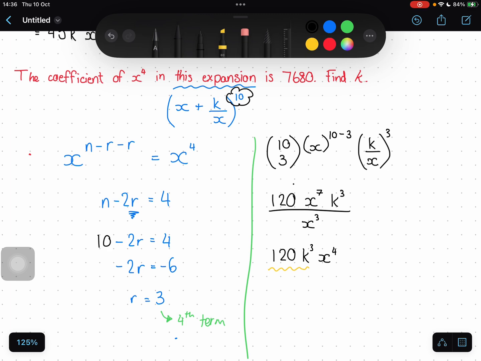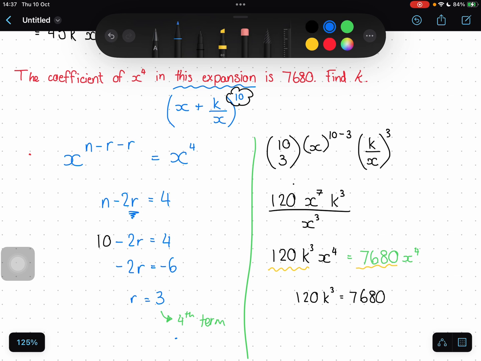Now we know that this is equal to 7,680 x to the power of 4. So compare your coefficients: 120 k cubed is equal to 7,680. So let's find k.